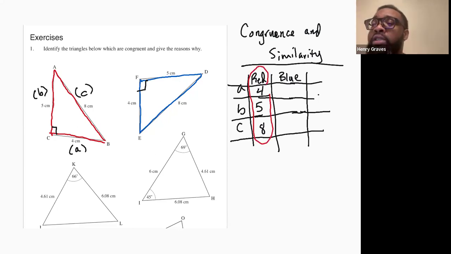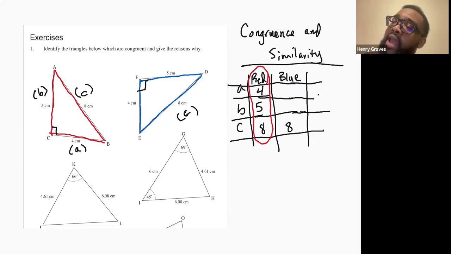Now let me do the blue side. On the blue side, the biggest side is C, which is 8, the same. My second biggest side is 5, so this is my B. And my A, my smallest side, is 4.